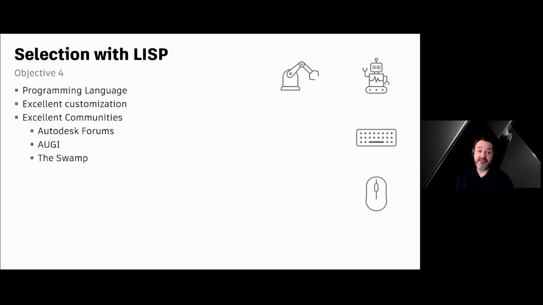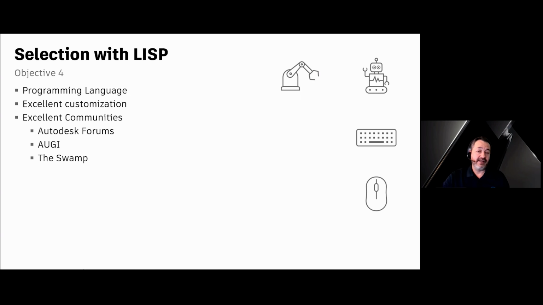These communities include Autodesk forums and places like Augie and the Swamp. There's lots more out there. I have found that everybody is super helpful and collaborative and willing to help one another. It is a fantastic community.